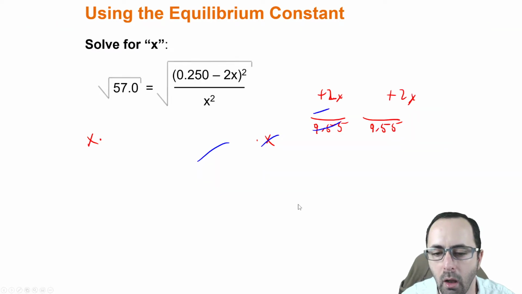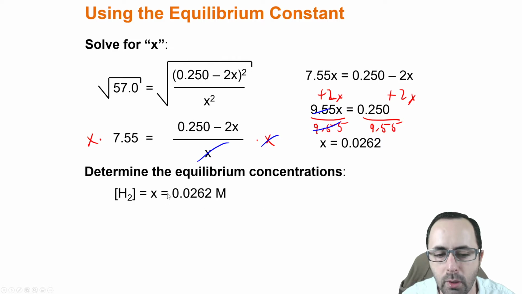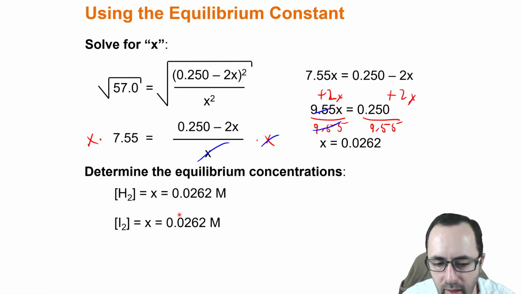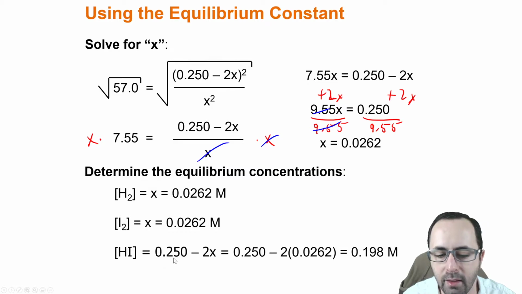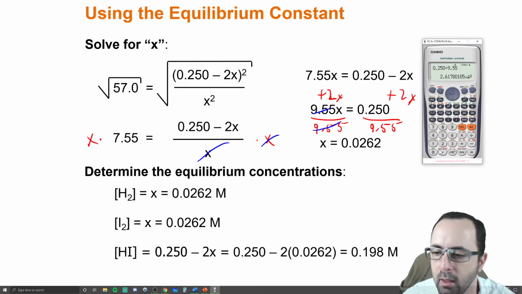So for the concentration of H2, it's equal to x. It's 0.0262 molar. For the concentration of I2, it's also equal to x. It's 0.0262 molar. For HI, it's 0.250 minus 2x. So we can plug that in. 0.25 minus 2 times 0.0262.